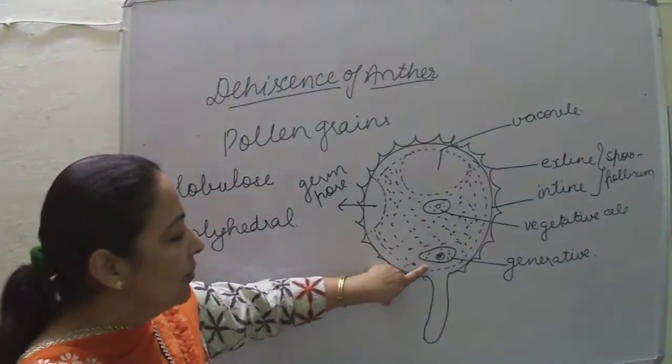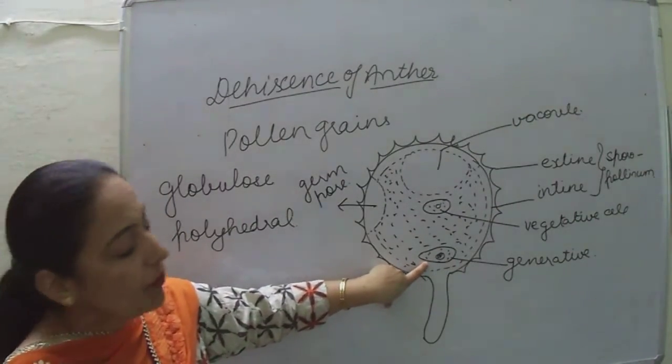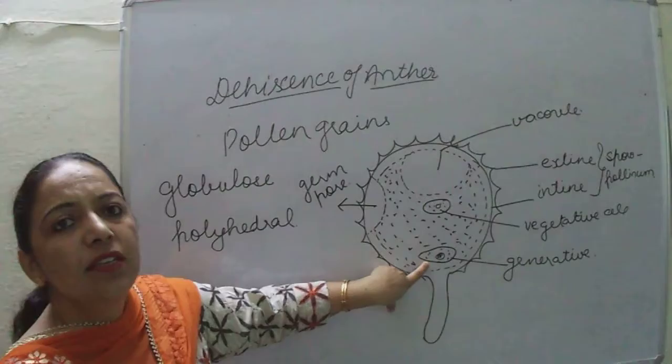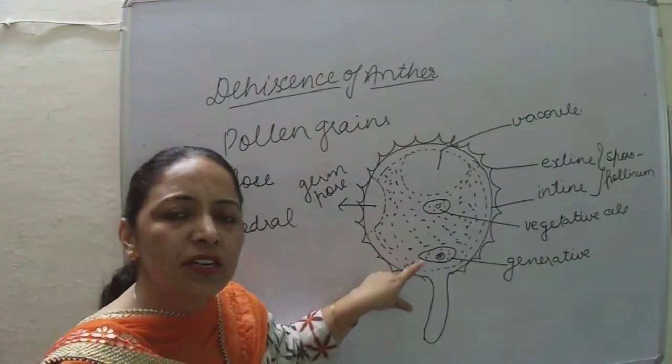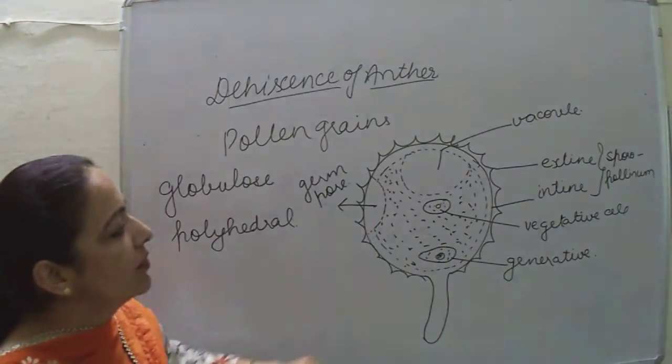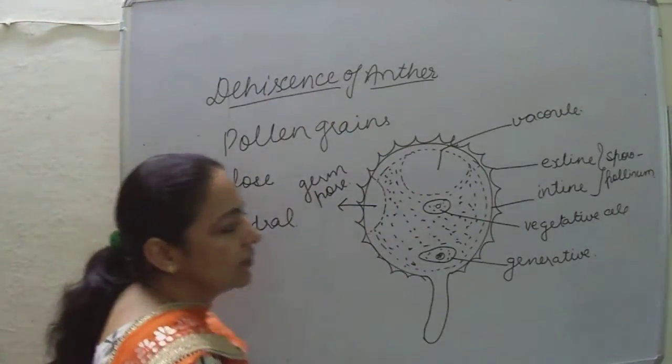This generative cell divides into two nuclei, forming haploid male gametes, and these gametes help in fusion with the female gamete, resulting in fertilization. This is the structure of the pollen grains.